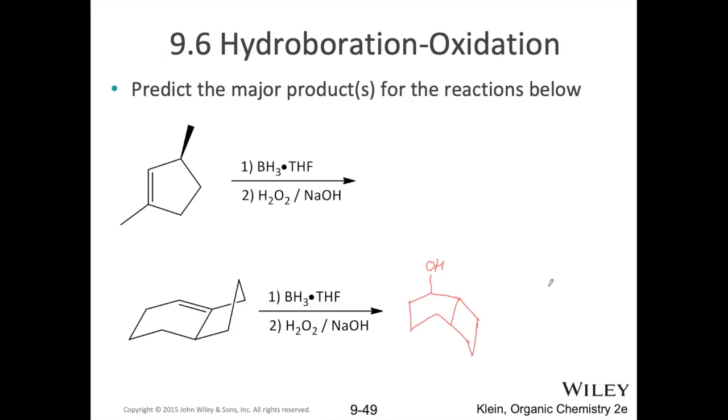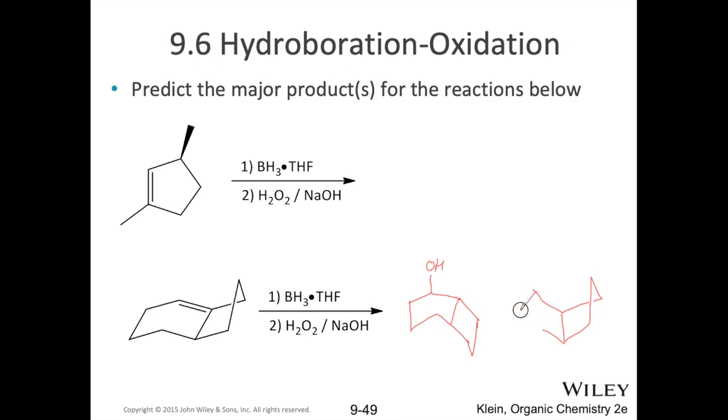Conversely, we could have the rest of the molecule look the same, so I could have this add on here like that. But if this hydrogen is going to be axial pointing downwards, that means this OH group is going to be equatorial pointing downwards as well.